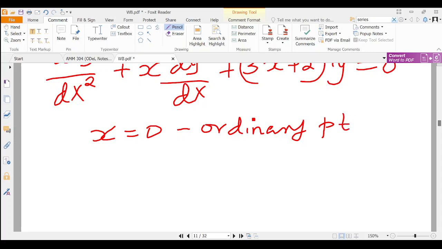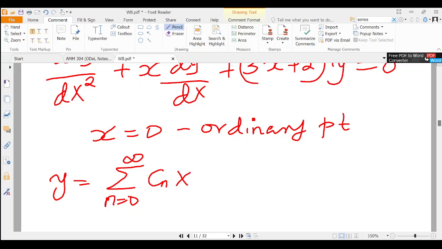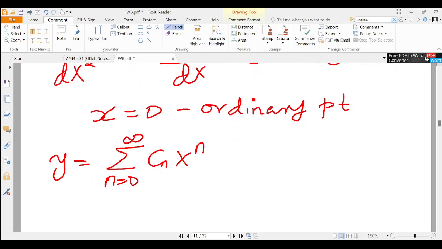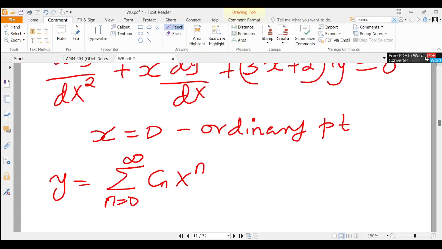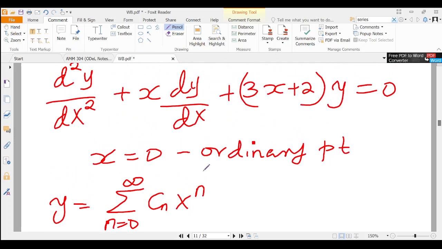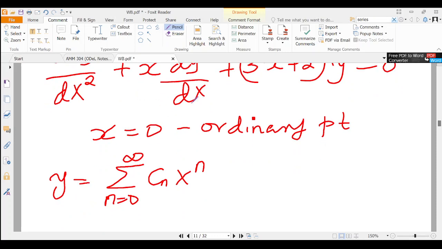So we assume a solution that takes the form y is equal to the summation from n is equal to 0 to infinity of cn x raised to power n. We assume a solution of this form. So now we're going to find the first and the second derivatives and then substitute in this differential equation.